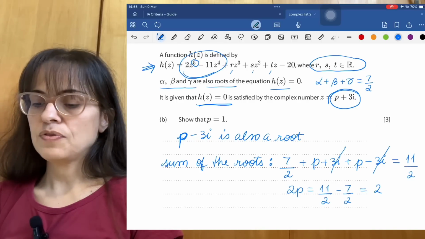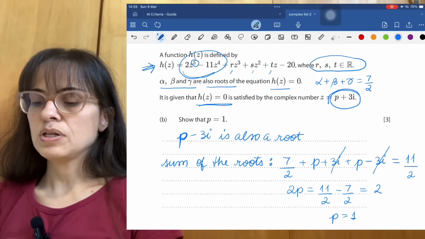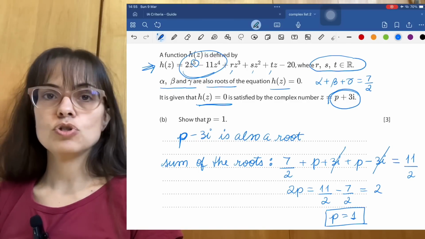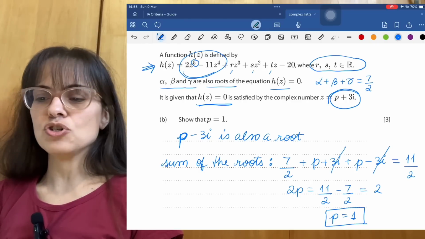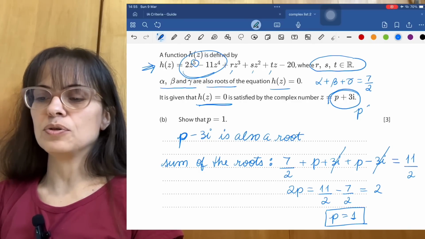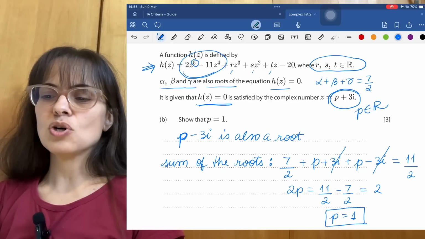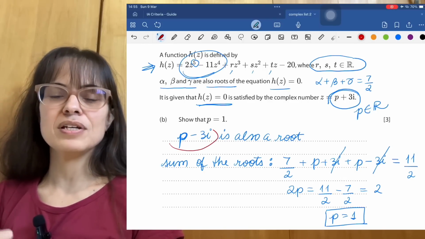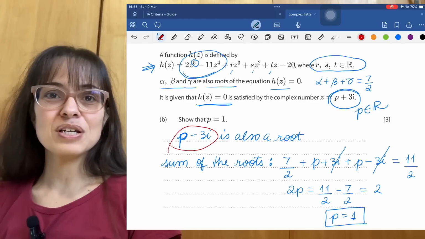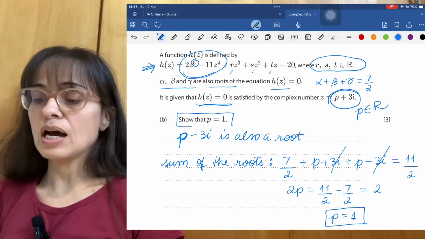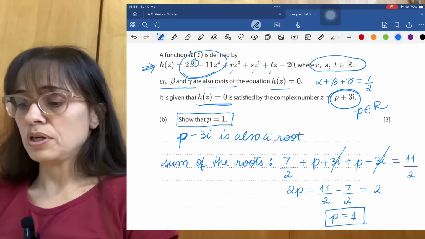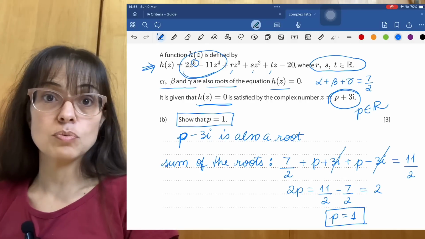And now I just found out that p equals 1, exactly like he wanted me to show. Now, I wish he had said somewhere in the question that p needed to be a real number so that this complex conjugate that I'm using here is 100% correct. But then again, since it was a show that question, I know that I've actually done what he wanted me to do, because p is equal to 1.